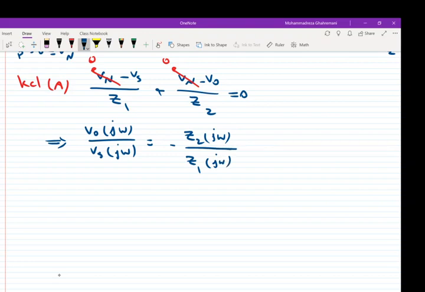These j omegas in the parentheses mean that these are complex values, okay? So it's not magnitude, it's the whole value, so it's a complex number.